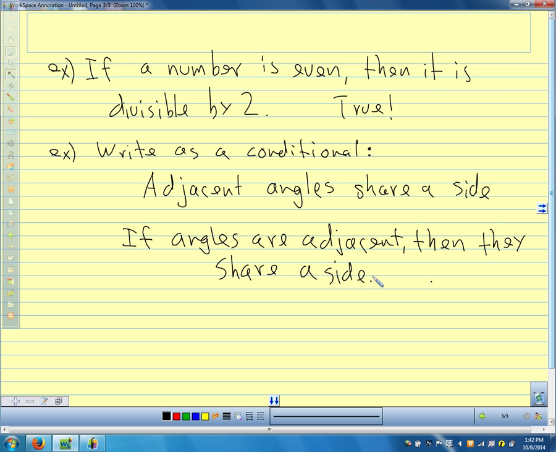We could write it the other way around also: if two angles share a side, then they are adjacent. And we'll talk a little bit more tomorrow about what happens when we can write it in both ways and they're both true.